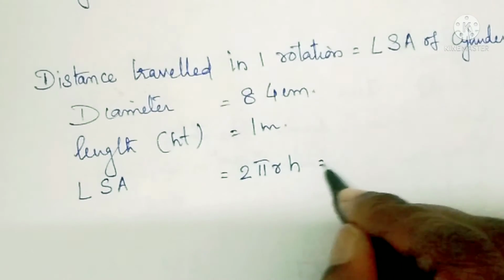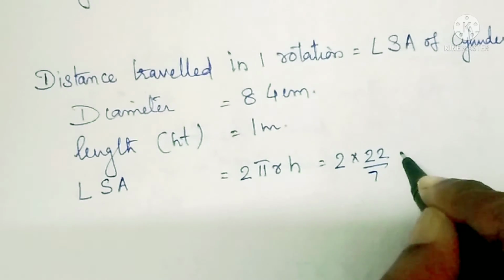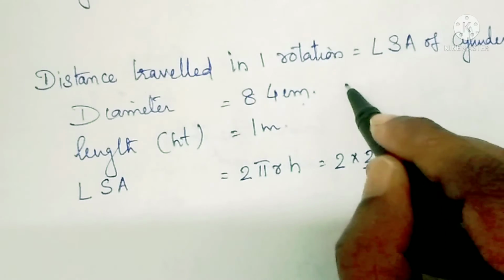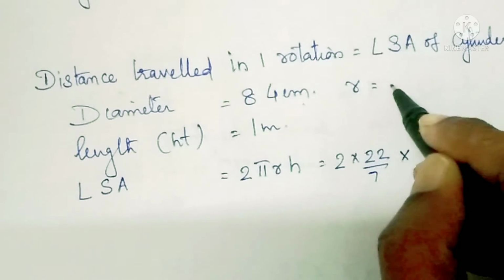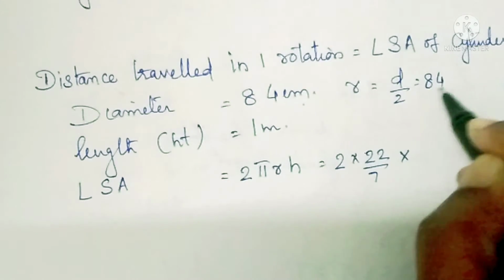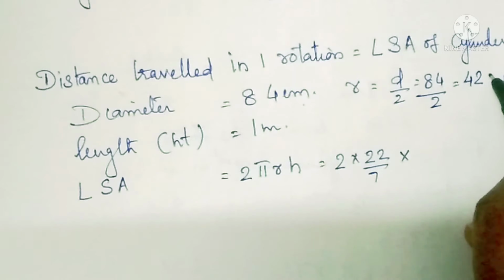Okay, that is equal to 2 into 22 upon 7 into r. Here diameter is given. So how will you find r? R is equal to d upon 2, 84 upon 2, that is 42 centimeter.